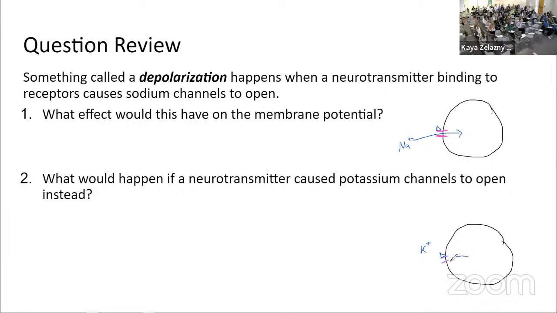Hopefully, we all remember that potassium wants to move out of the cell when we're at the resting membrane potential of -70. So this is how we could end up with hyperpolarization, the charge getting more and more negative: -70, -80, -90, until we get to potassium's equilibrium potential of -94. So this is how we would cause inhibition. This is how we would cause hyperpolarization.